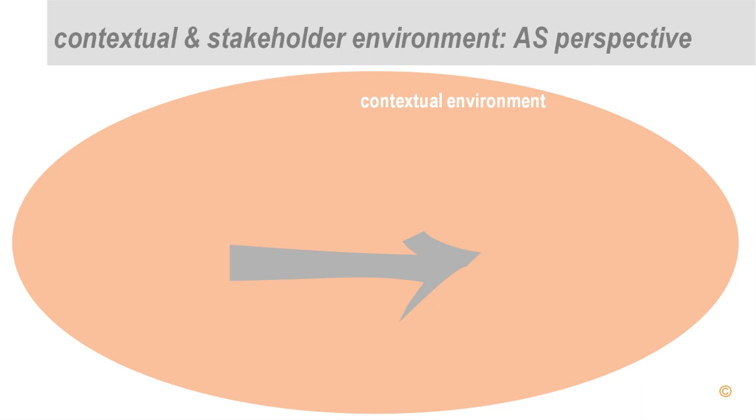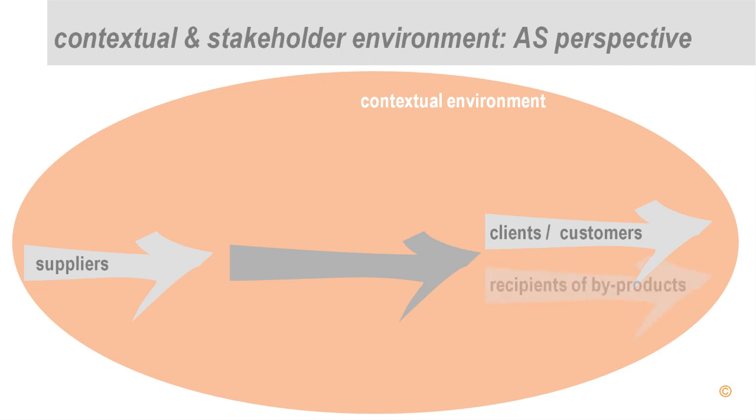They could be technological, economic, political, cultural, ecological, etc. The stakeholders in the transactional environment, what we heard in the previous slide, are suppliers and the clients of the products and services, as well as the byproducts of our activity system.